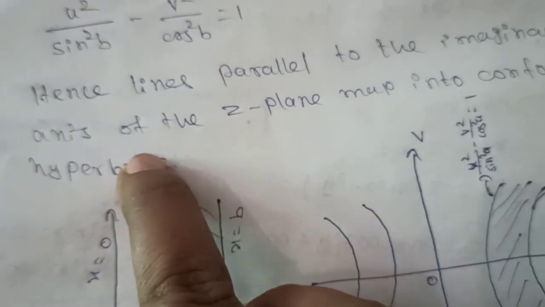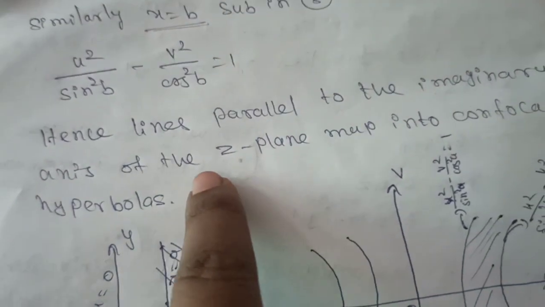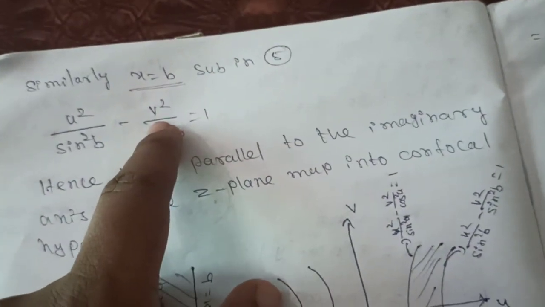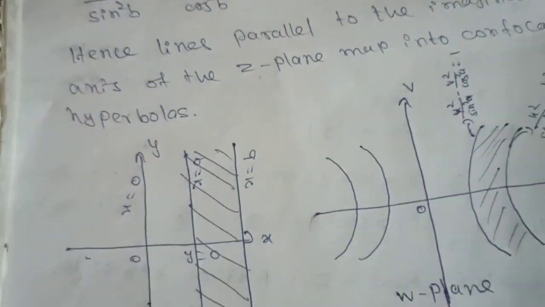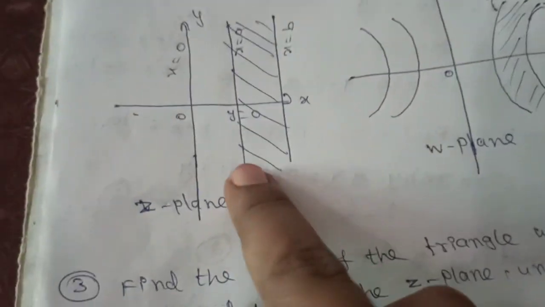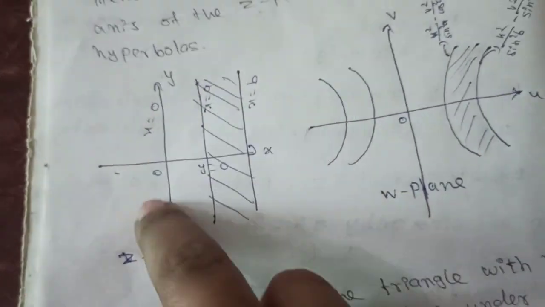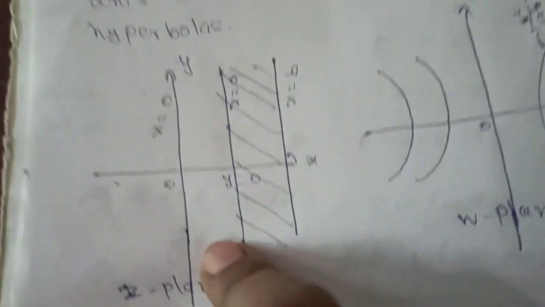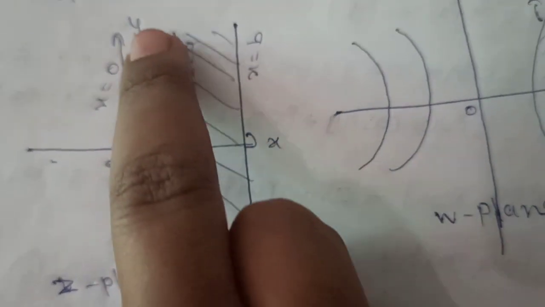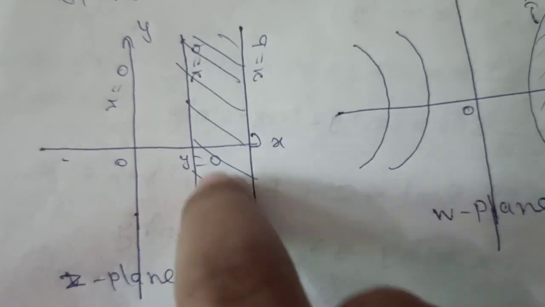Okay, so take the given lines. What is given in the z plane: the lines x equal to a and x equal to b. First, take the diagram. In the z plane you take the x axis and y axis. X axis is y equal to 0 and y axis is x equal to 0.